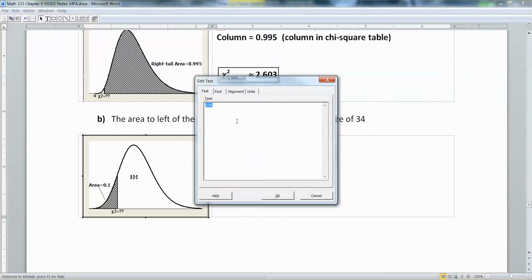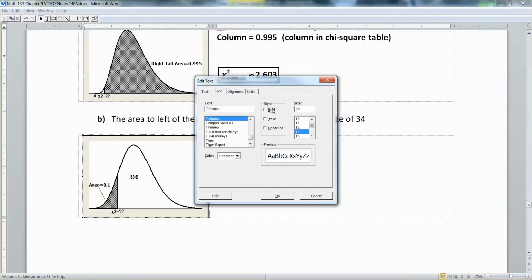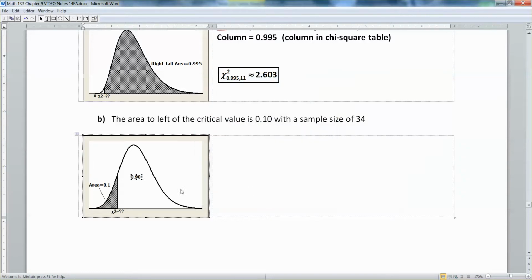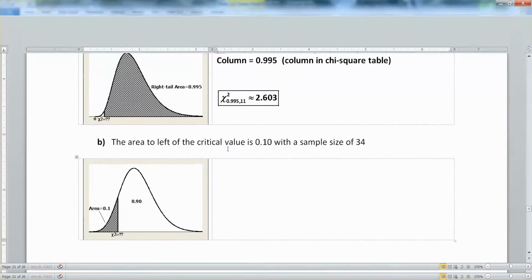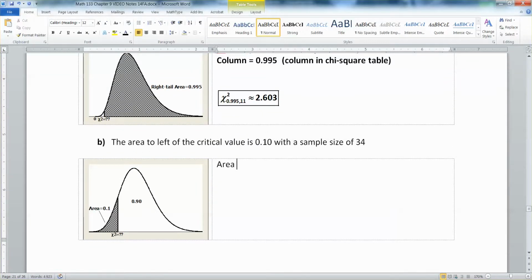Because if the area to the left is 0.10, then the area to the right is 0.90. So let me write that out. Area to the left is 0.10, so area to the right is 0.90, and this is the column in the chi-square table that we need right there.